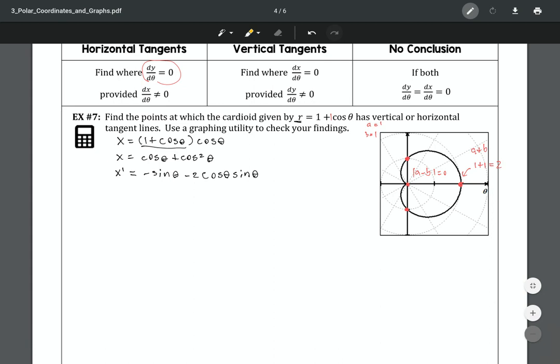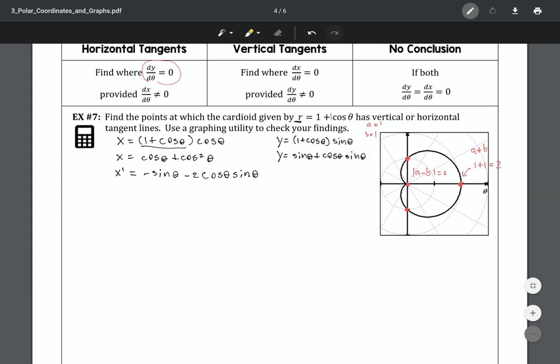Okay, and then I'm going to do the same thing for the y coordinate. I'll write the y over here because I think I'm going to run out of room. So y would be 1 plus cosine theta times sine theta, and y is equal to sine theta plus cosine theta sine theta.